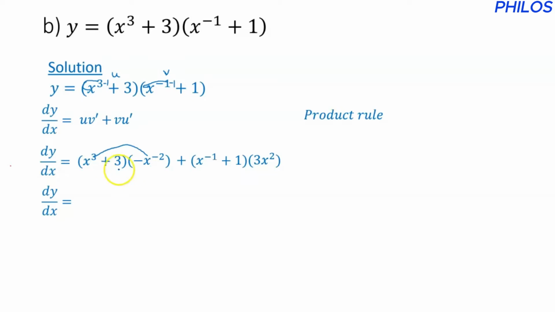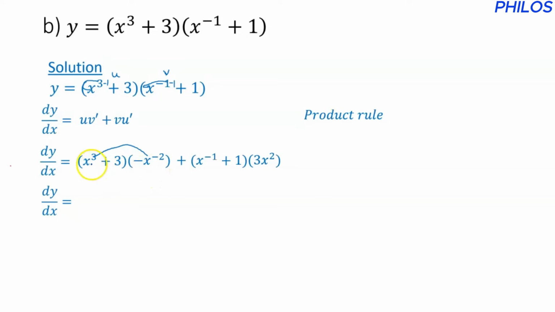Now this has a coefficient of positive 1 and this has a coefficient of negative 1. So positive 1 times negative 1 will give you negative 1. So hold that. And then x exponent 3 times x exponent negative 2 should give you x exponent 3 plus negative 2.